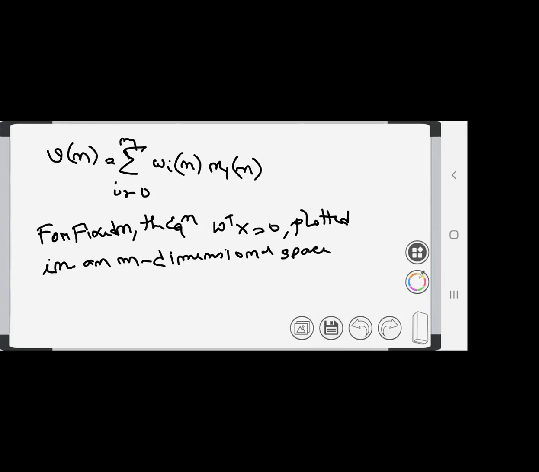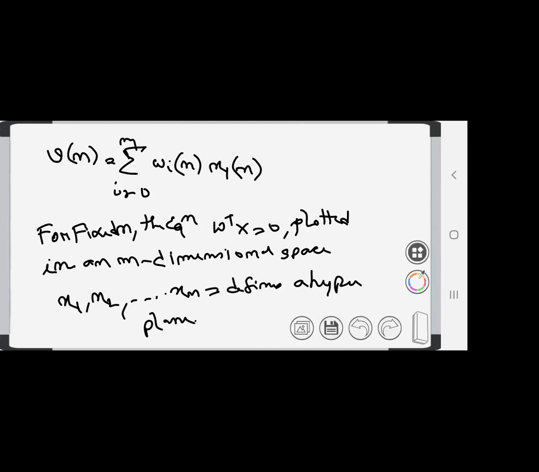In m dimensional space, with the bias as coordinates x1, x2, up to xm, it defines a hyperplane.